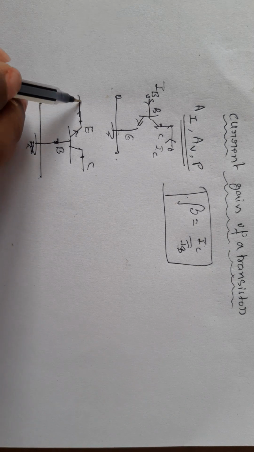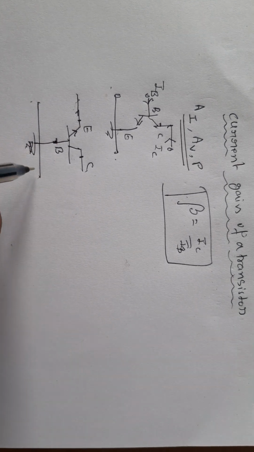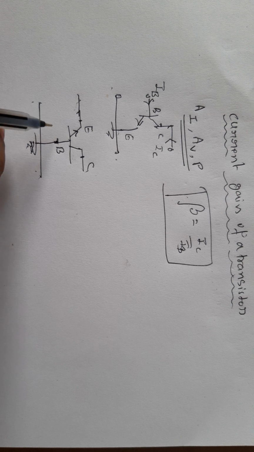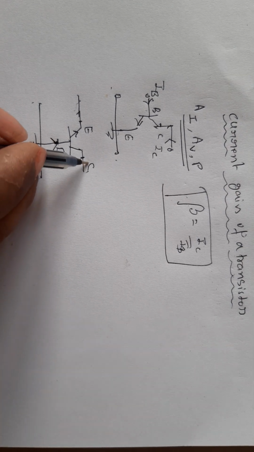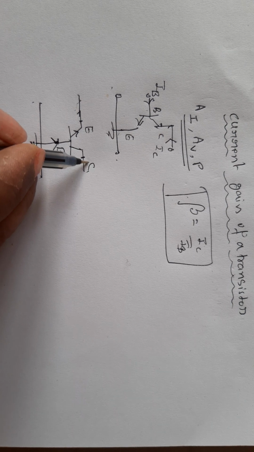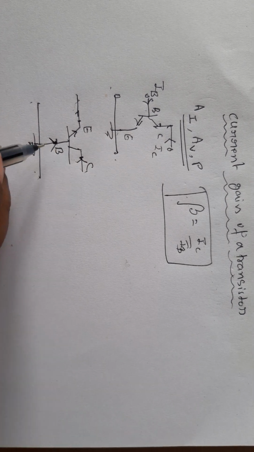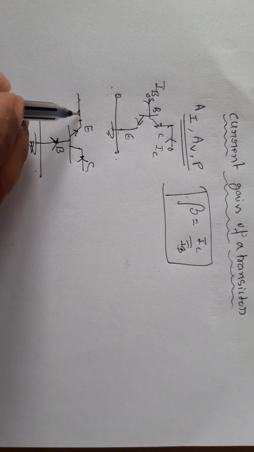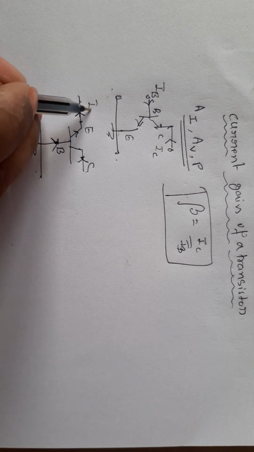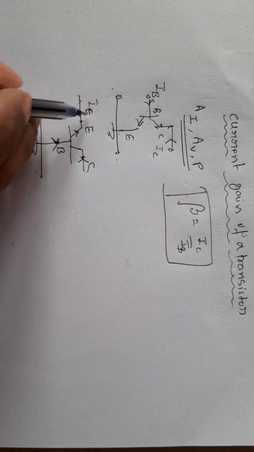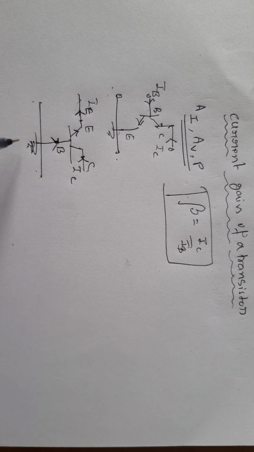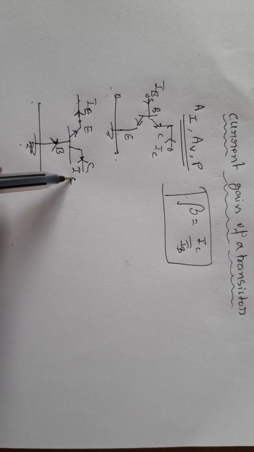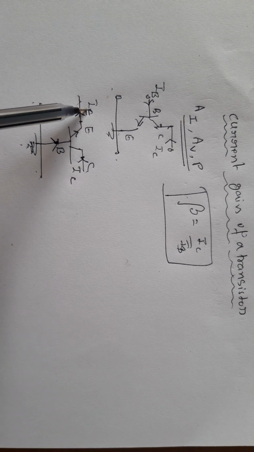Therefore, here emitter-base is input, collector-base is output. Now, this is the emitter current IE, and this is the output current IC. So, in common base, IC is the output current, IE is the input current.